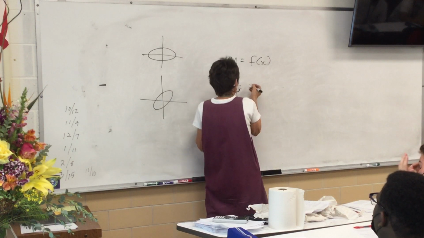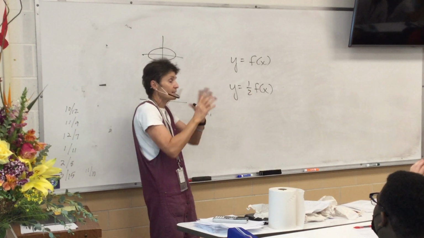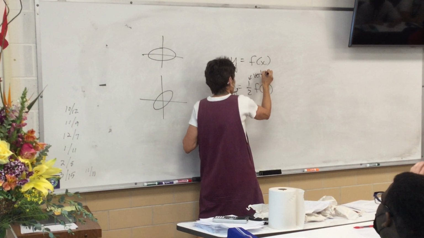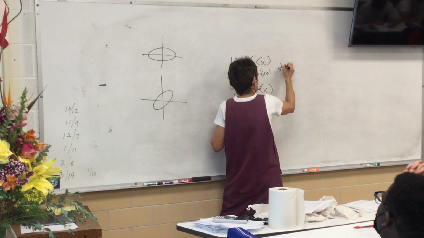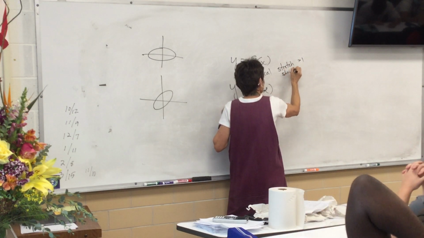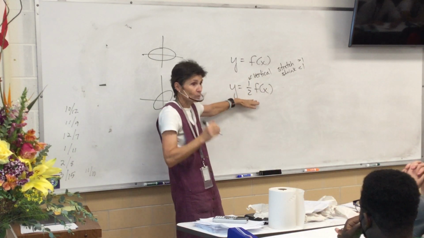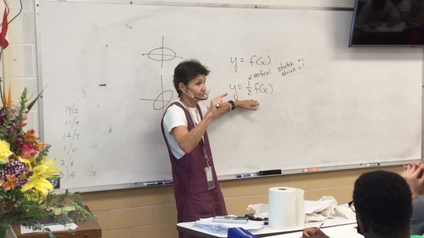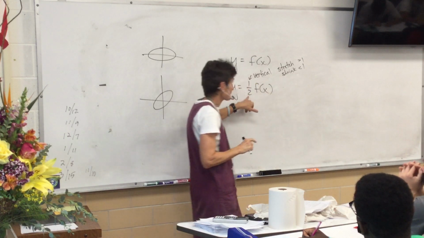If you apply a coefficient to the whole function, this is a vertical stretch or shrink. It's a stretch if it's bigger than 1, and a shrink if it's less than 1. So this would take whatever picture you have and make it half as tall.